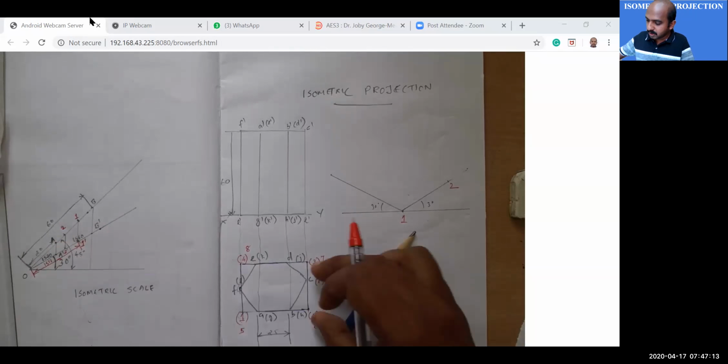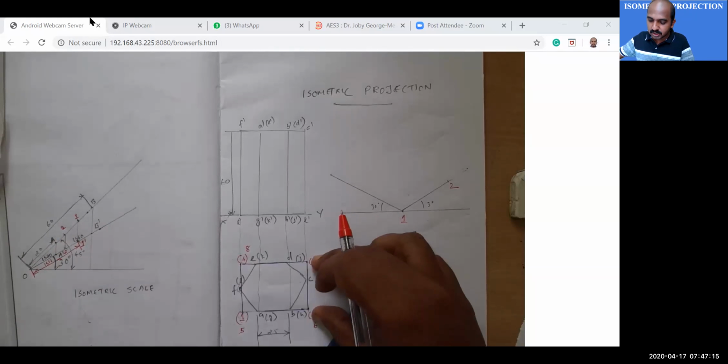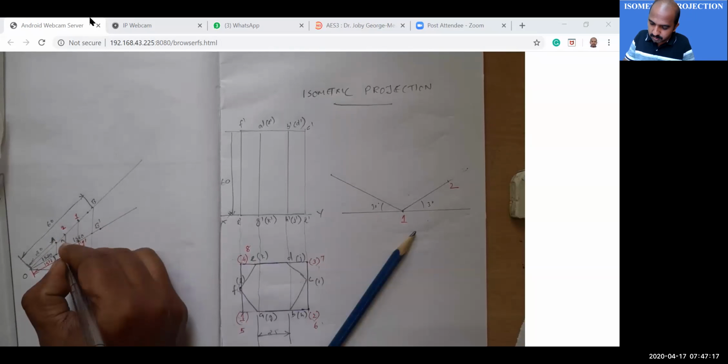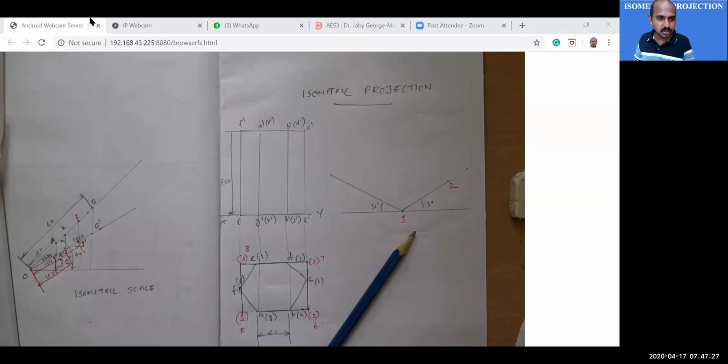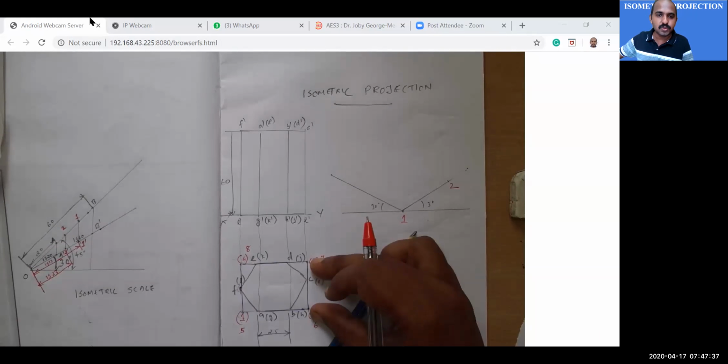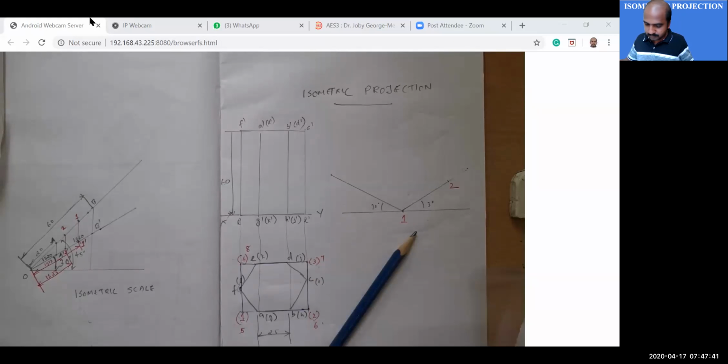O2 dash is the isometric length corresponding to 2 to 3. Here, you can see that IS 23 will be equal to 0.82 into 23.